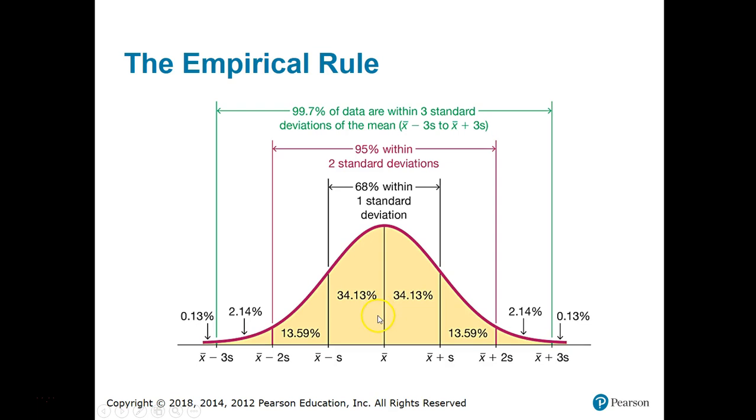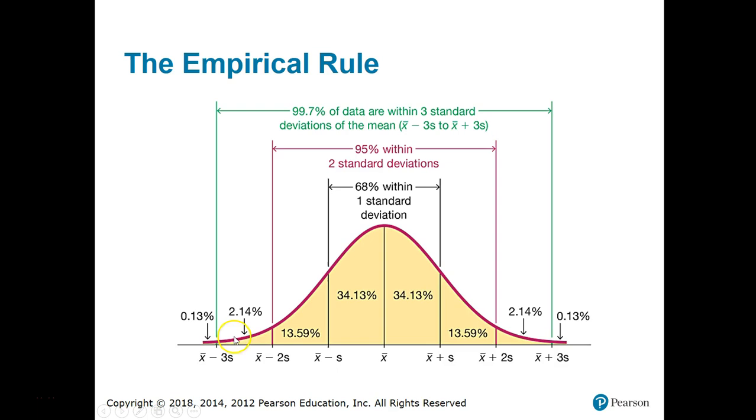This is a good bell curve here. So minus s to plus s, 34.13%, 34.13%. Add them together, we get 68. 2 standard deviations, 95. Now, if you want to talk about how much data is above x bar plus 3s, you're looking at a very small percent, about 0.13% of all your data will lie above that.